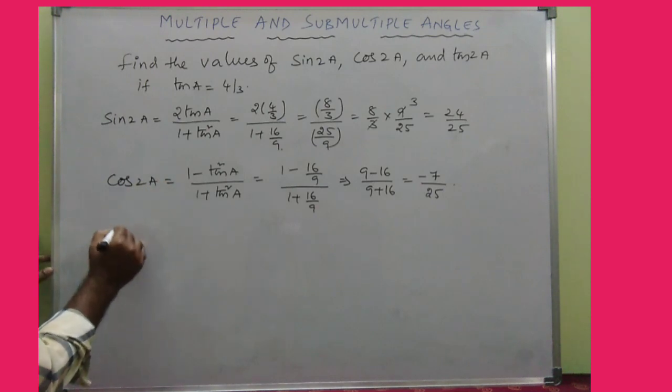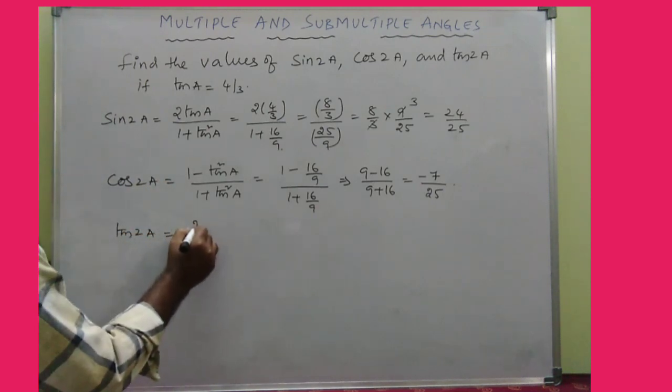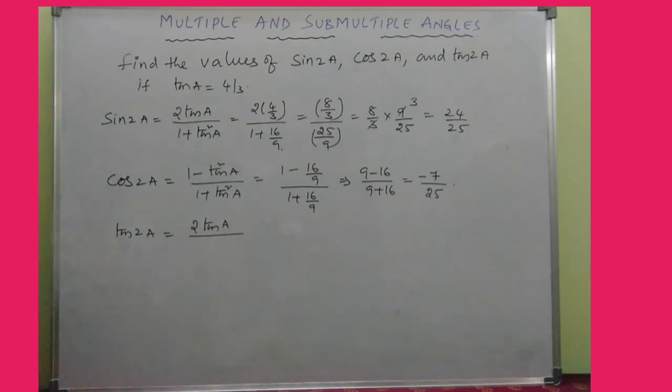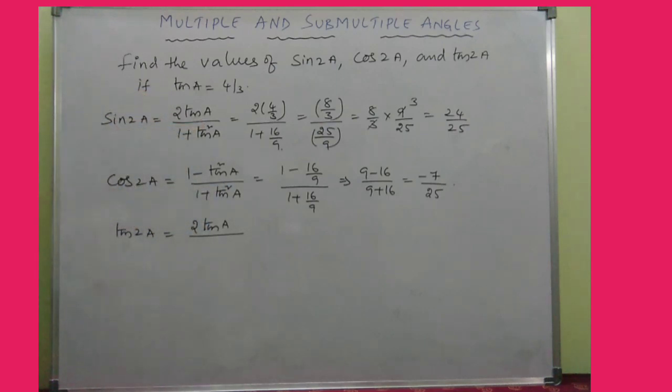And now coming to tan 2a. So 2 tan a by, very simple, just if you are good at formulas then it is very simple. See, if not you can write like this also, sin 2a by cos 2a, then denominators are cancelled.